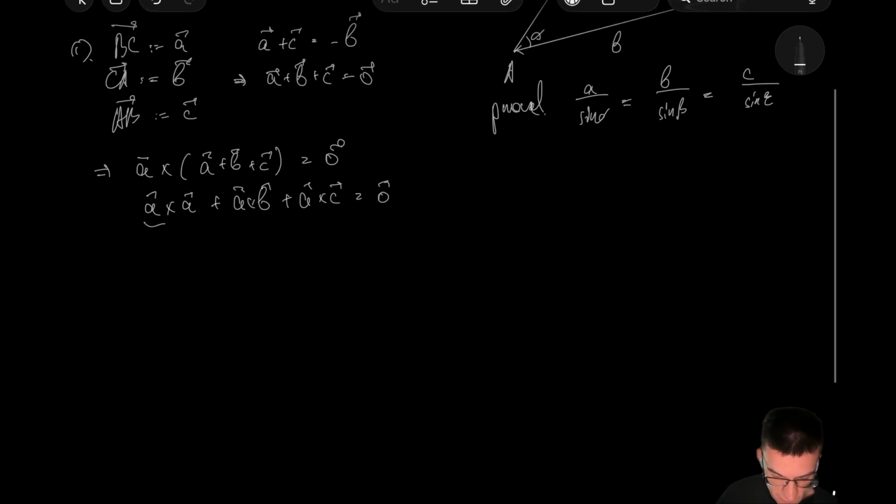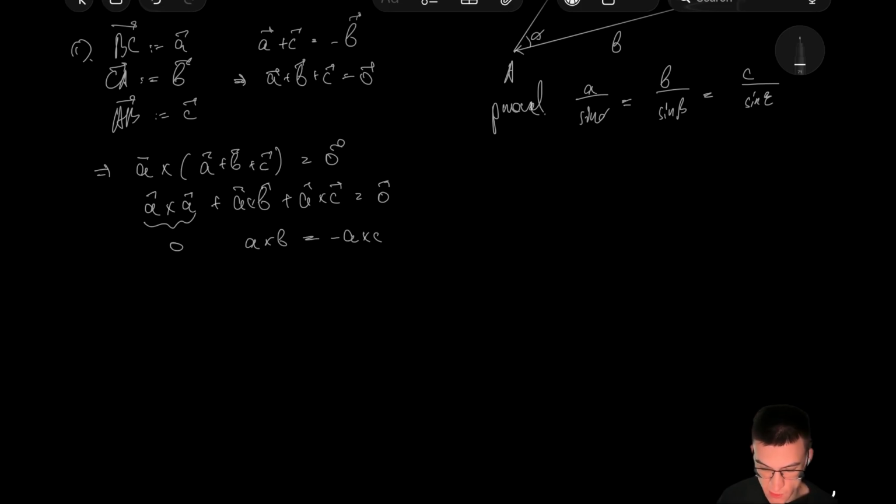In fact, a vector crossed with itself goes to zero, and then we only have a pretty simple equation: AB equals minus AC, which is equivalent to saying AB equals CA, because this is the definition of what cross product is, right? It is anti-commutative. If we change the places, we change the sign.